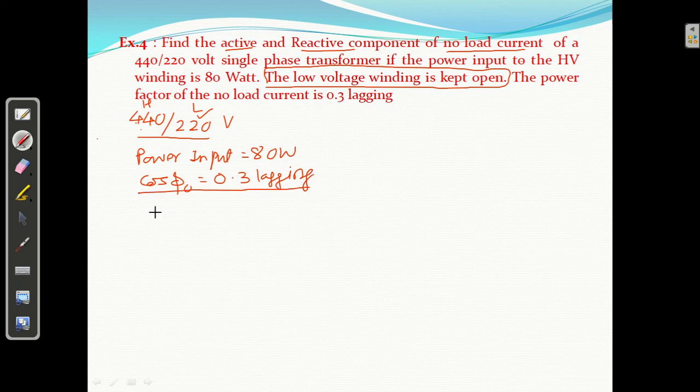This means the value of phi 0 is cos inverse of 0.3. Using the calculator, cos inverse 0.3 gives me 72.54 degrees. So I got phi 0.